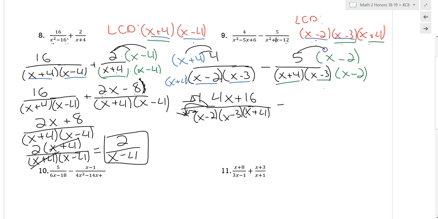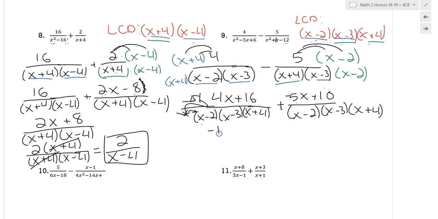Same thing here, minus, distribute this. Okay, so that it's easy to see that they're the same. Combining, it's subtraction, so change the sign, change the things after it. 4x minus 5x is negative 1x. 16 plus 10 is 26. Then we have x minus 2, x minus 3, x plus 4.